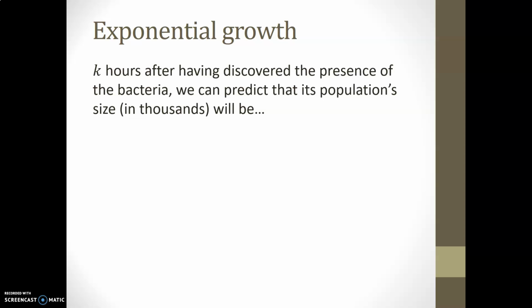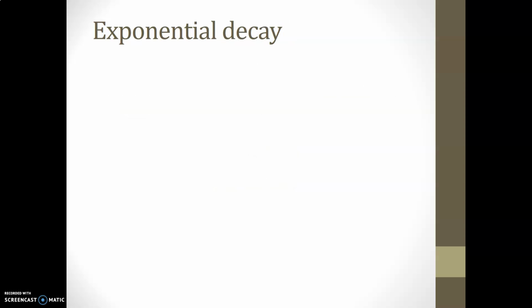So k hours after having discovered the presence of the bacteria, we can predict that the population size, still written in thousands, will be P0 times 2 to the power k. Every hour adds a multiplication factor of 2, which is playing the role of the ratio. So in other words, Pk, in this case, is 3 times 2 to the k, 3 being the initial term, 2 being the ratio.